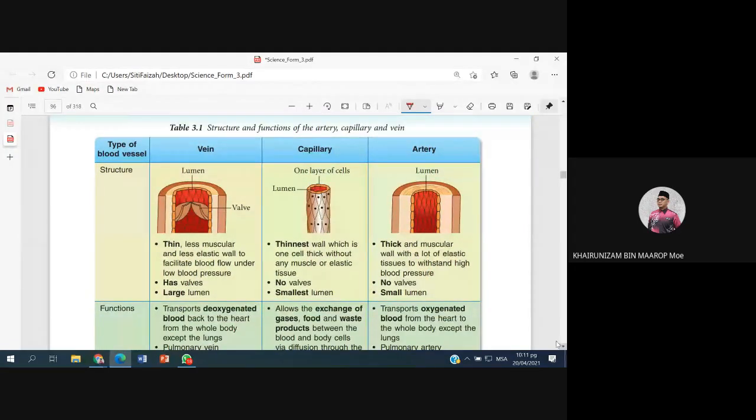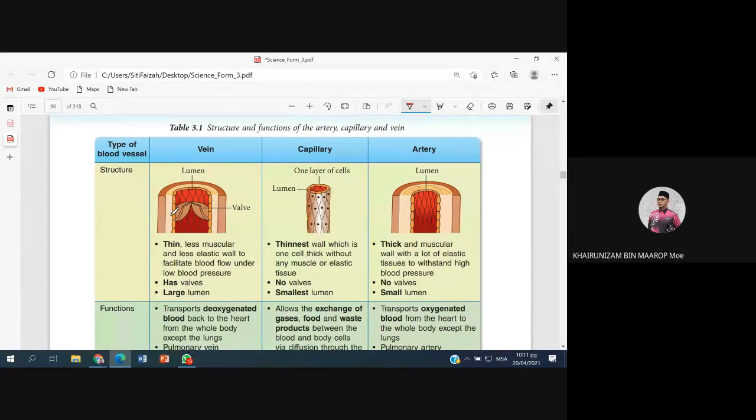This one is the cross section of the vein. The structure of the vein has a large lumen, and then has a valve, and it has a thin, less muscular and less elastic wall.